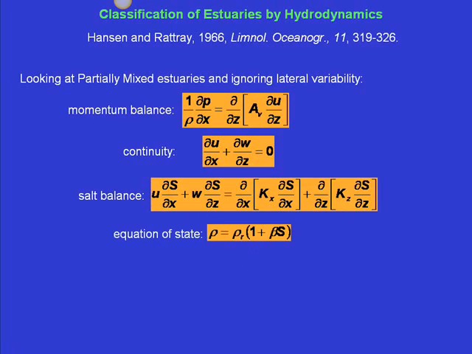What do we mean by that expression? See if you remember what we've talked about. Remember what the equation of state is? Relationship between salinity and temperature and density. That's right, salinity, temperature, and pressure to density. So an equation of state that looks like that, what does it tell us?